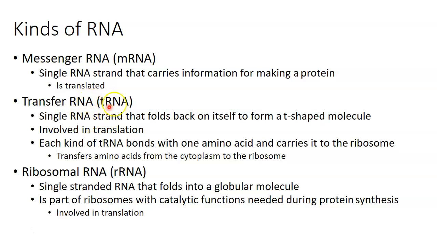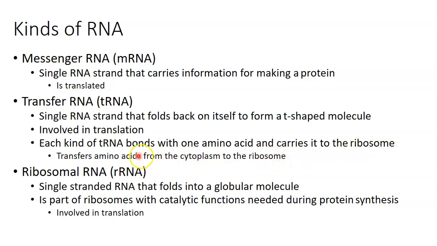Why is it named that way? Because it transfers amino acids from the cytoplasm to the site of translation. It's going to be responsible for carrying amino acids to the site of translation, specifically to the ribosome. We're going to talk more about the ribosome throughout the chapter.